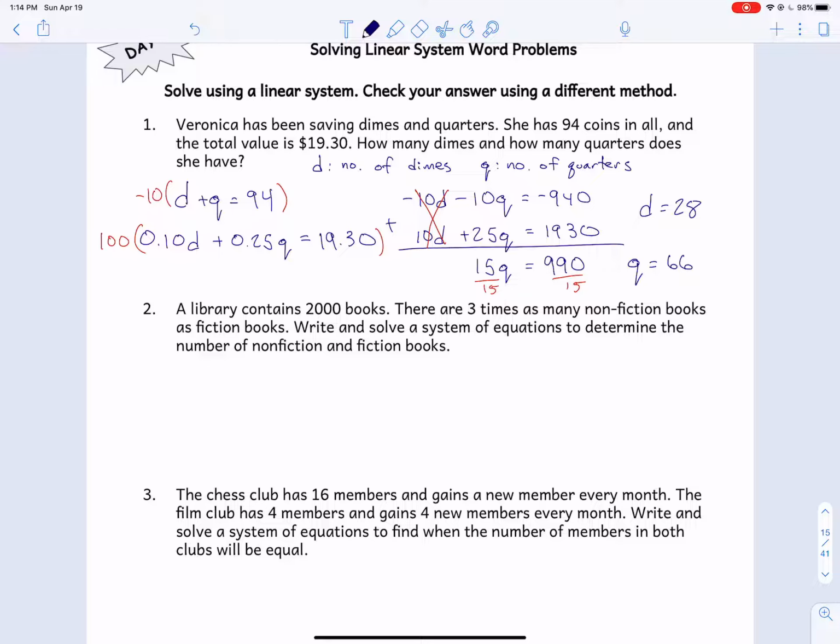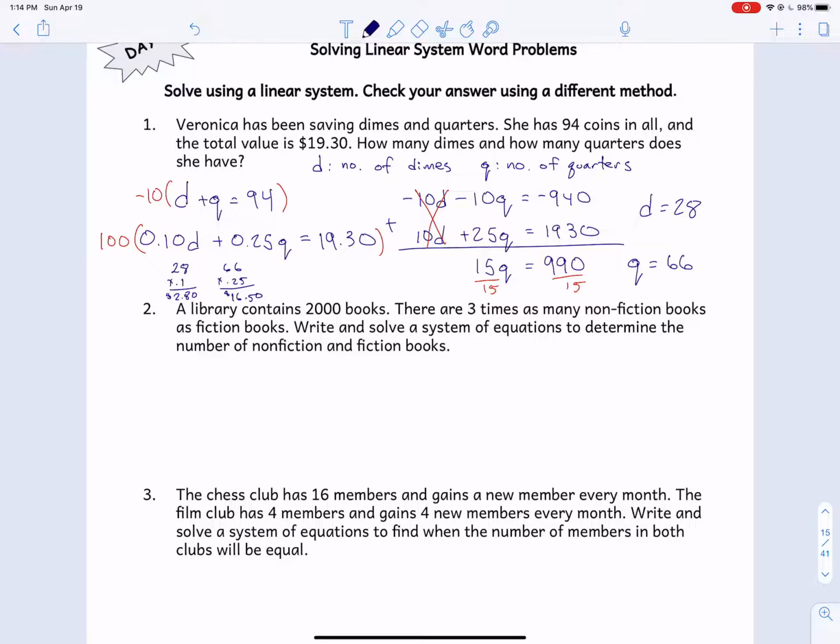Now, maybe in your head, let's see if this works. Take 28 times 0.1, that's $2.80, and 66 times 0.25, and what does that give us? $16.50.